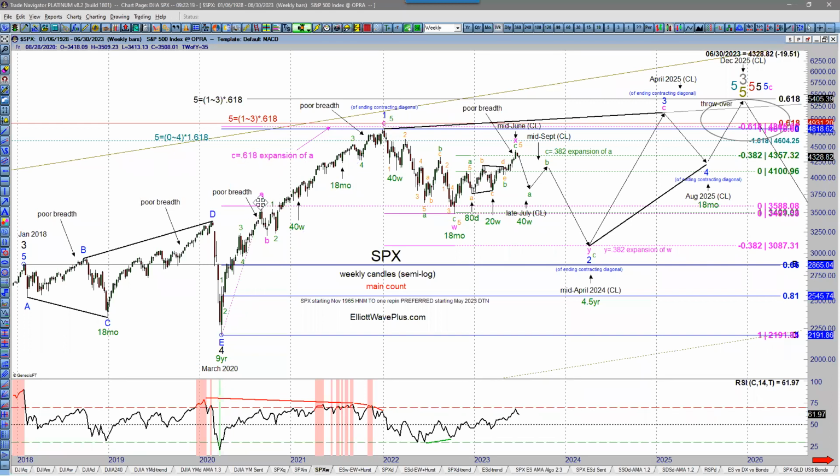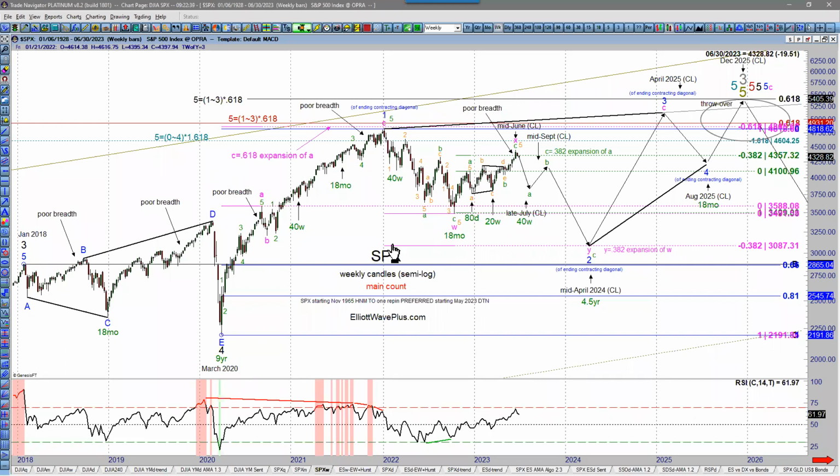So this would be wave A. And so you figure that as a distance of 1. You take that point times 0.618 and you add that amount to the top of the structure. This is what I call a Fibonacci expansion, and I use it all the time.